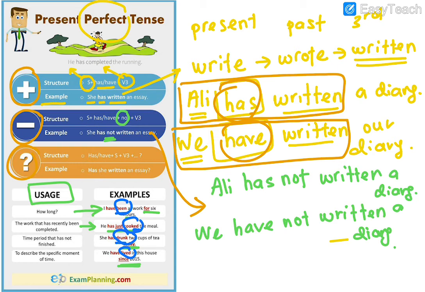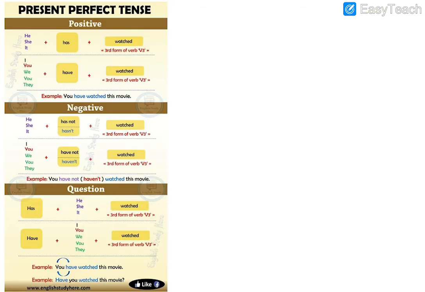Been, drunk. Okay, so what is that? Okay, now we will go to that section. I've provided these notes for you to understand better, or for you to remember better.